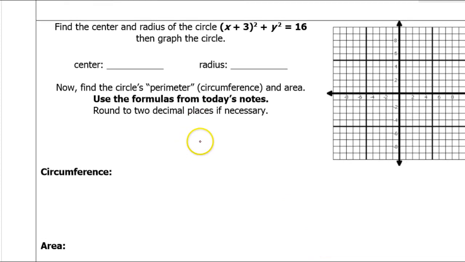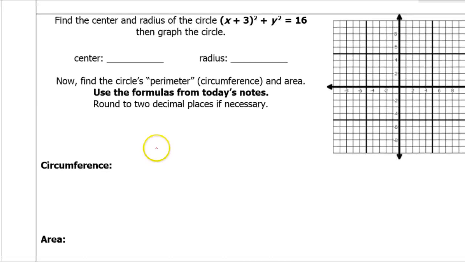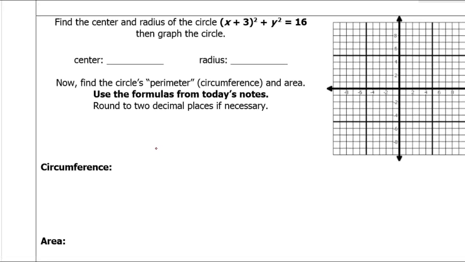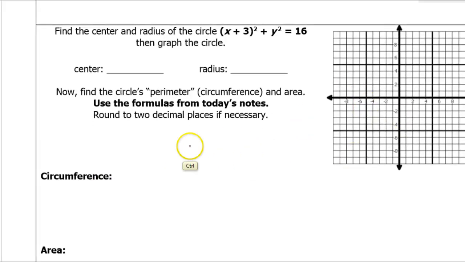Okay, how about this one? Okay, so we're switching gears a little bit, just in the sense that for a circle, the perimeter is not called the perimeter, it's called the circumference. All right? Because a circle doesn't have sides to it, but we still like to know the length of that boundary.